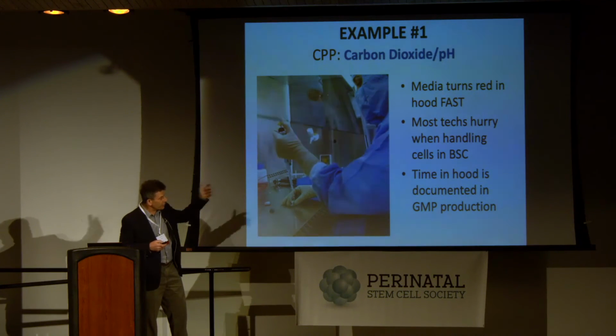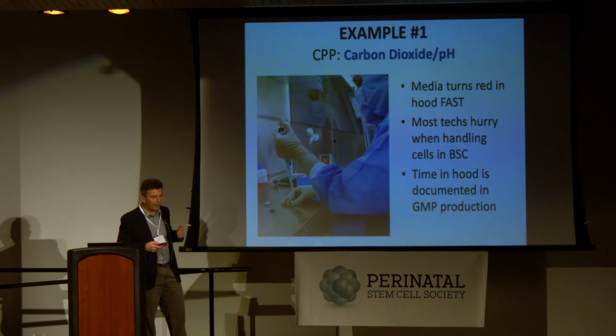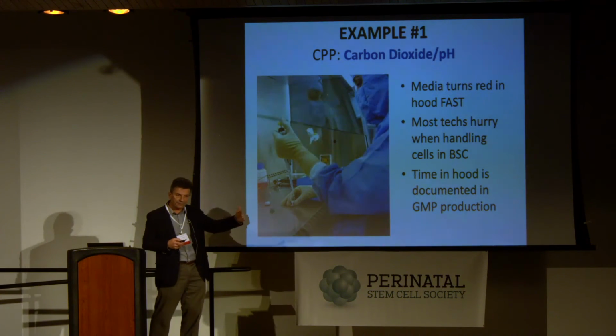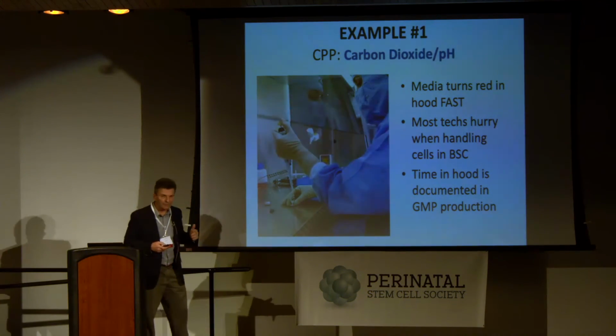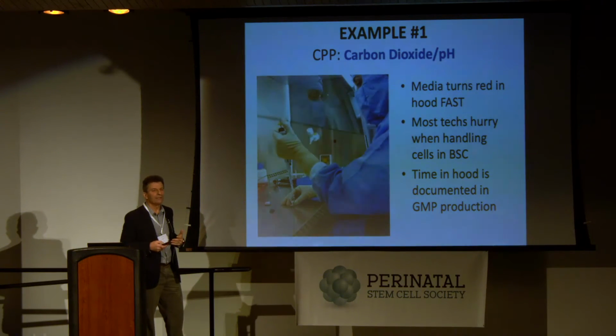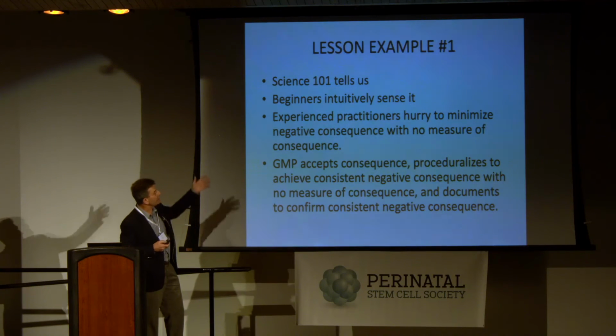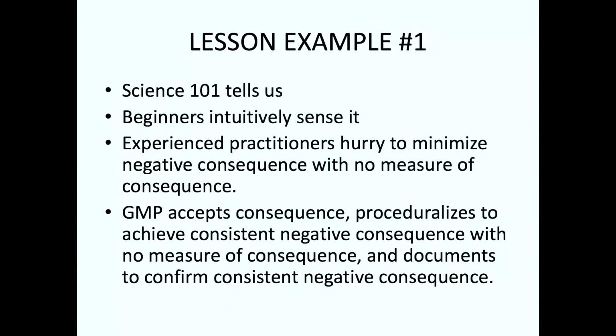And in the GMP world, it's usually required that you document the time in the hood. So the problem has to be real, otherwise these things wouldn't be happening. The lesson here is science tells us this, and we can listen to science. Beginners intuitively see it, and experienced people practice it.